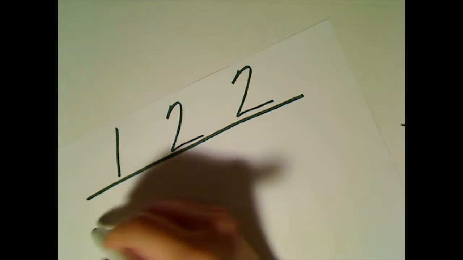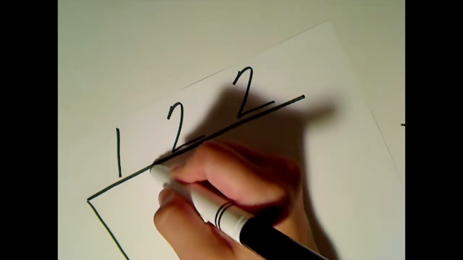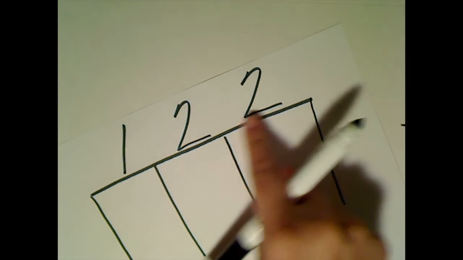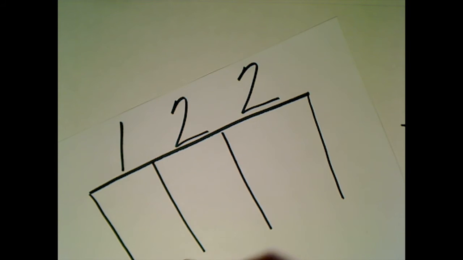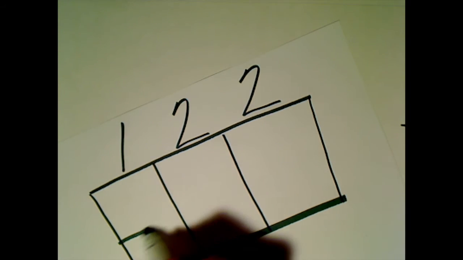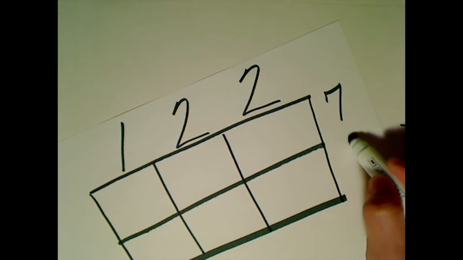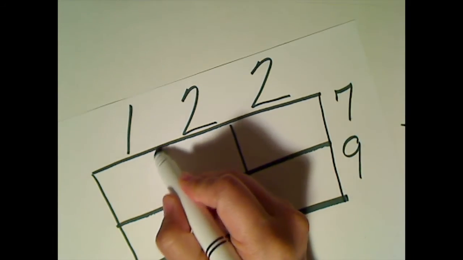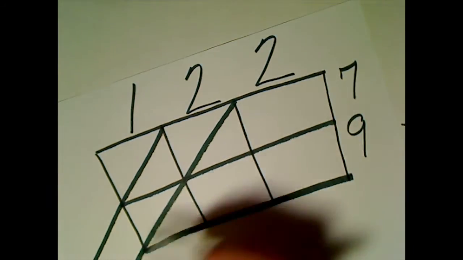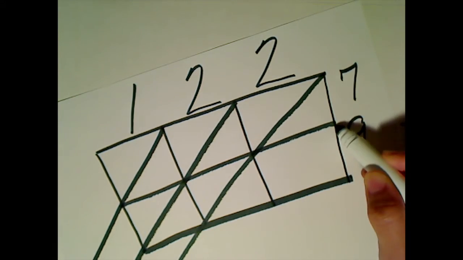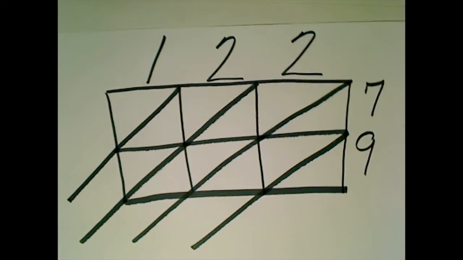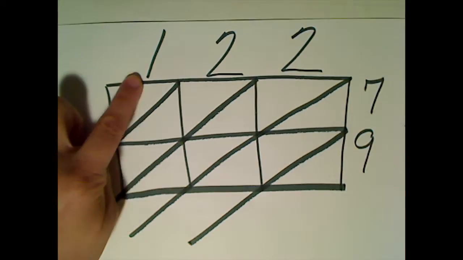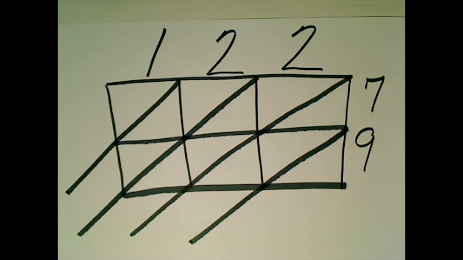Do our 3 digits. So ones, tens, hundreds times the factor of 79. Ones, tens. Now let's draw our diagonals. Now the last way is the lattice system. Ones, tens, hundreds, okay? Okay, guys, let's do it quickly.